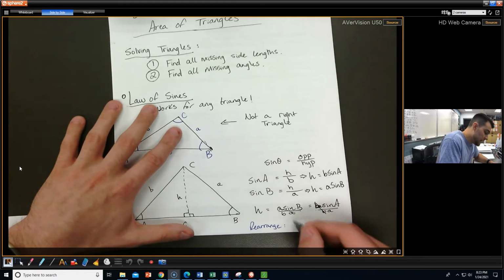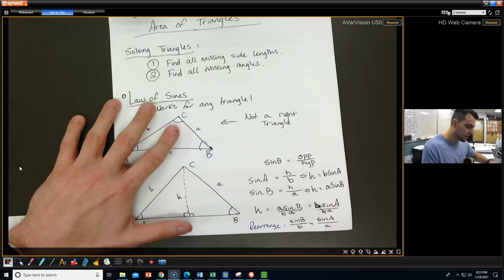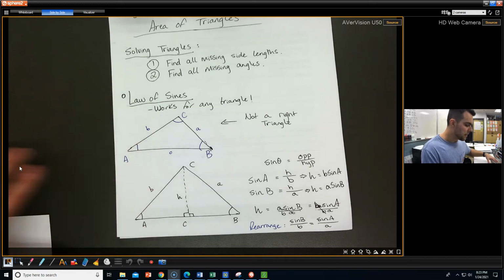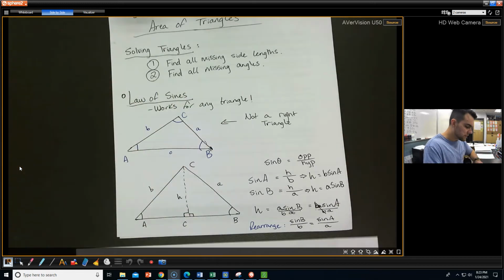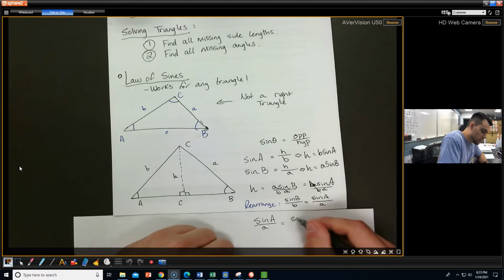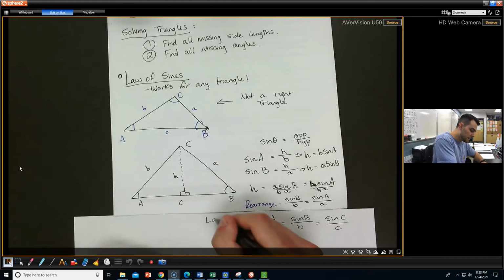And pretty much what I'd be left with is sine of B divided by side length b is equal to sine of A divided by side length a. And actually, if I wanted to extend this further, I'm going to write it like this. It's going to be my law of sines. I'm going to do sine of A divided by side length a is equal to sine B over b equal to sine C over c. And that is my law of sines right there.